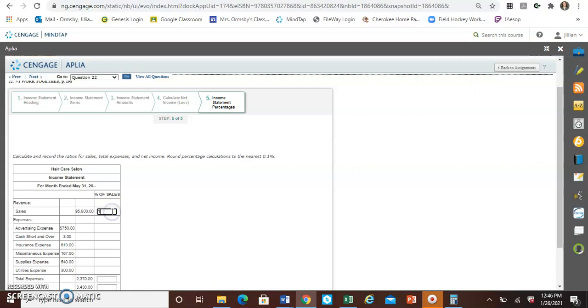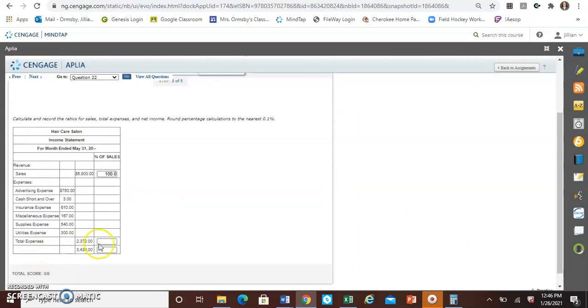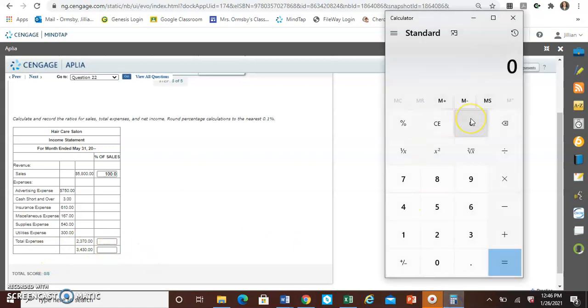And our last step is to finish out our income statement percentages. So the percentage of sales is always going to be 100%. And then in order to do the total expenses ratio, we're going to take the total expenses, 2,370, and divide it by our total sales, 5,800. That's going to give us a percentage of 0.4086.